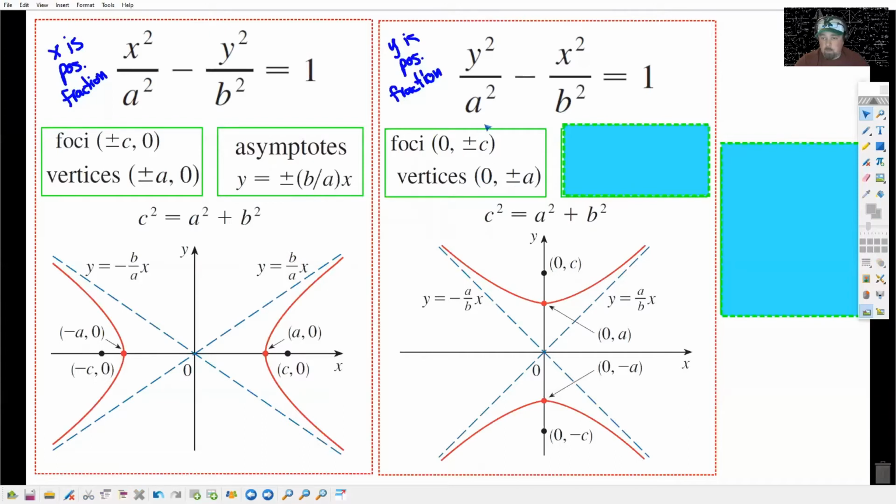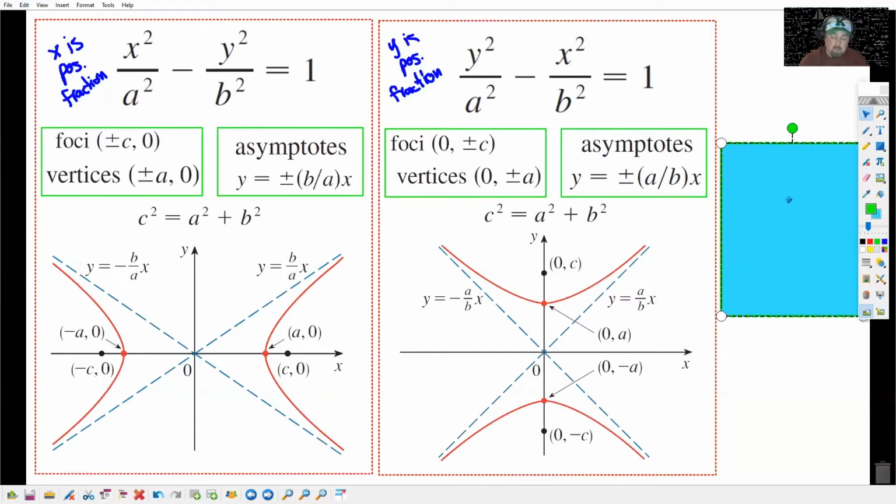These points now become y values. The asymptotes, though, are different. It's a over b this time, because a is associated with the y, which goes on the top of our slope, and b is associated with the x, which goes on the bottom of our slope. So our asymptotes here are going to be a over b.